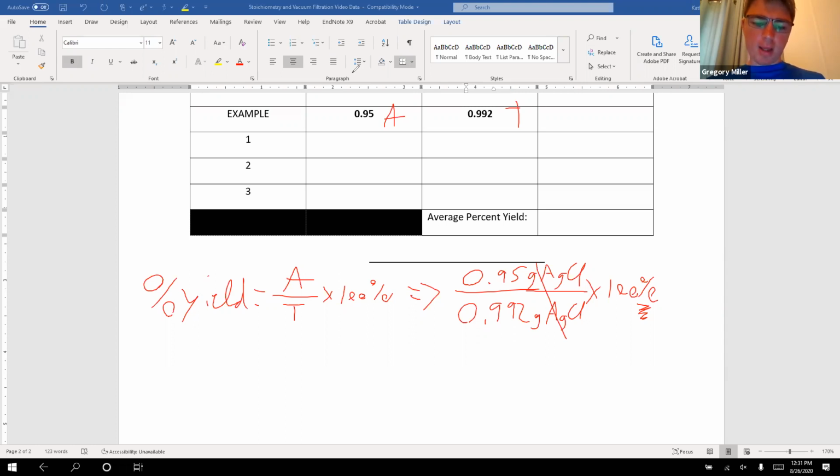And actually, because we rounded this value, I'm going to go back to that full value, the 0.9917744 that I still have in my calculator. So 0.95 over 0.9917744 times 100.